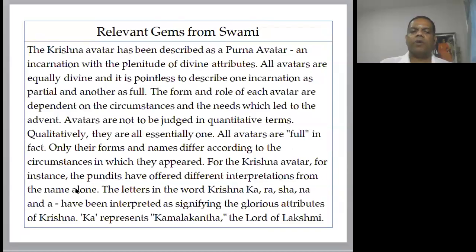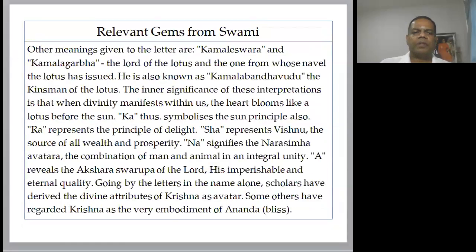For the Krishna avatar, for instance, the Pandits have offered different interpretations from the name alone. The letters in the word Krishna, K, R, Sh, N, and A, have been interpreted as signifying the glorious attributes of Krishna. K represents Kamalakanta, the Lord of Lakshmi.